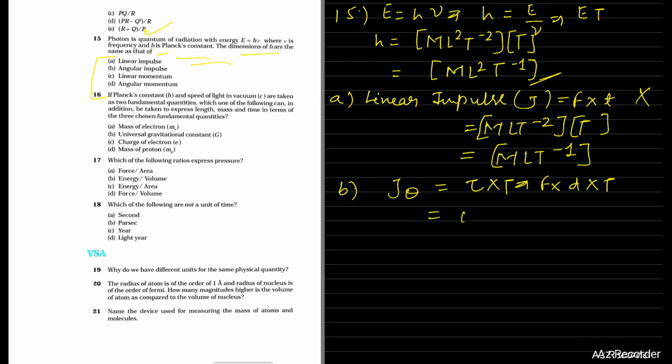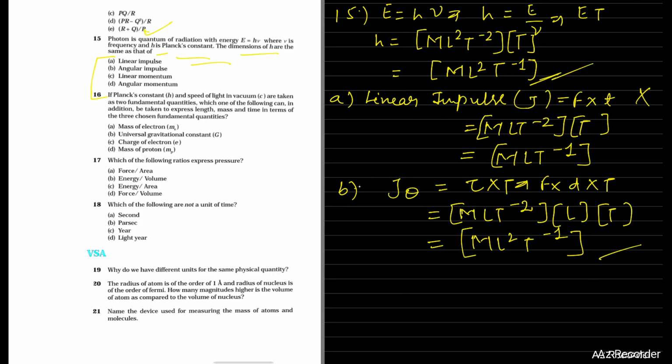F is m l t minus 2, d is L, and it is T. It would be finally ml square t minus 1. So it is fitting to this option. Ml square t minus 1, ml square t minus 1, it is right.